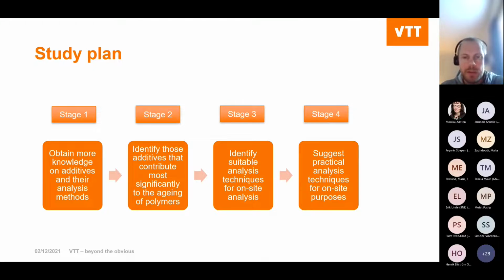And the third stage is that we identify the suitable analysis techniques that are also applicable for on-site purposes. And in the final stage, which I believe we currently have just started, we suggest practical analysis techniques for these on-site measurements.